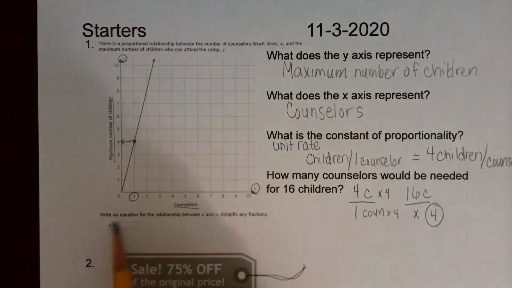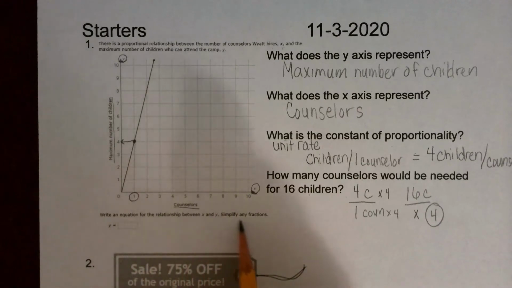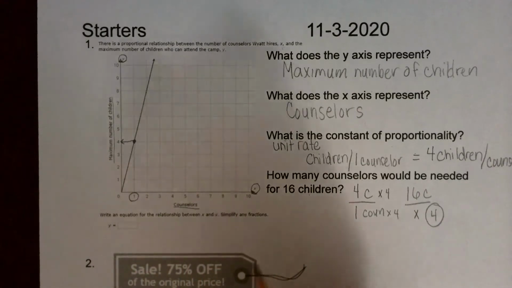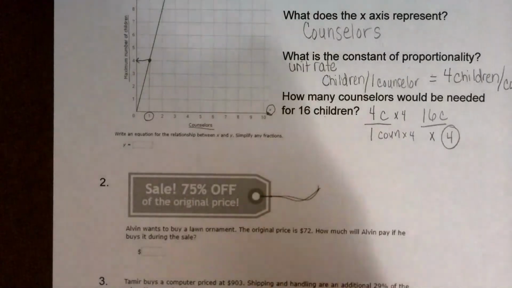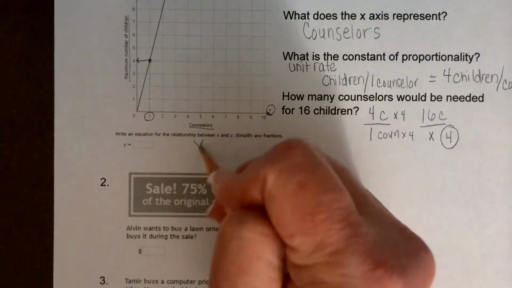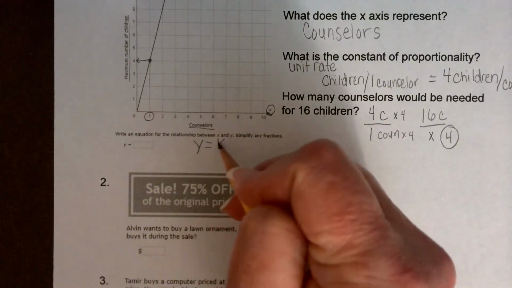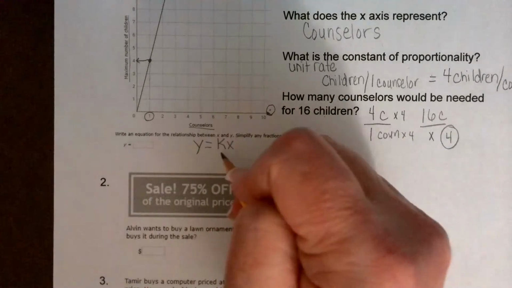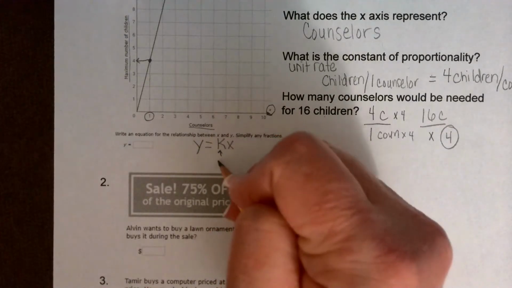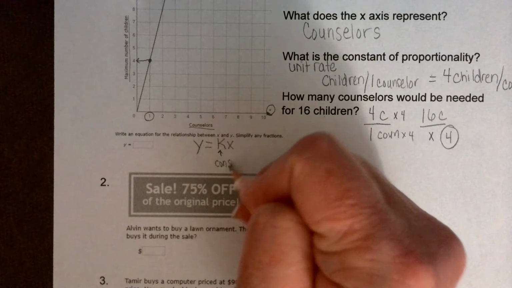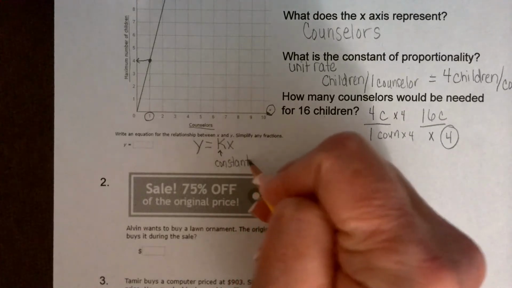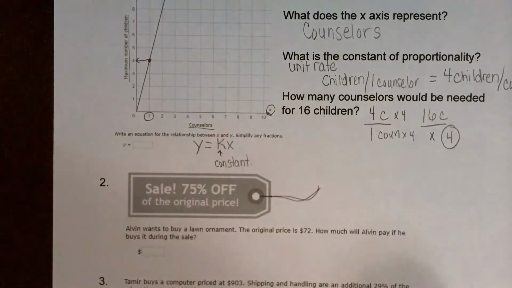And then we're writing an equation for the relationship between X and Y. And remember, whenever we write that equation, it's written in the Y equals K times X form. And that K is going to be our constant of proportionality. So we're going to replace the K with the constant.